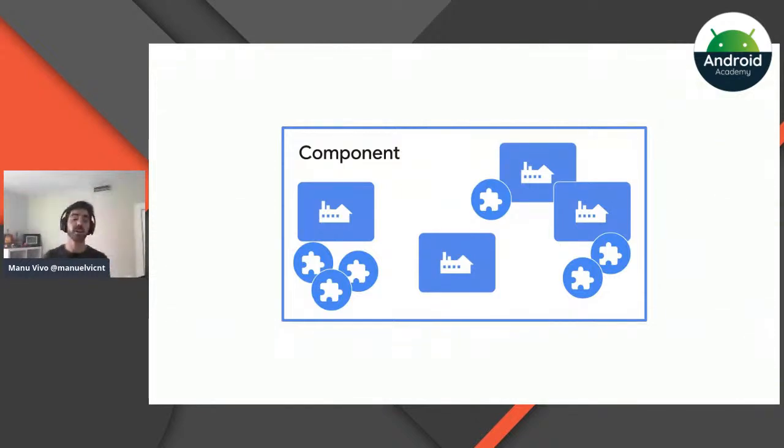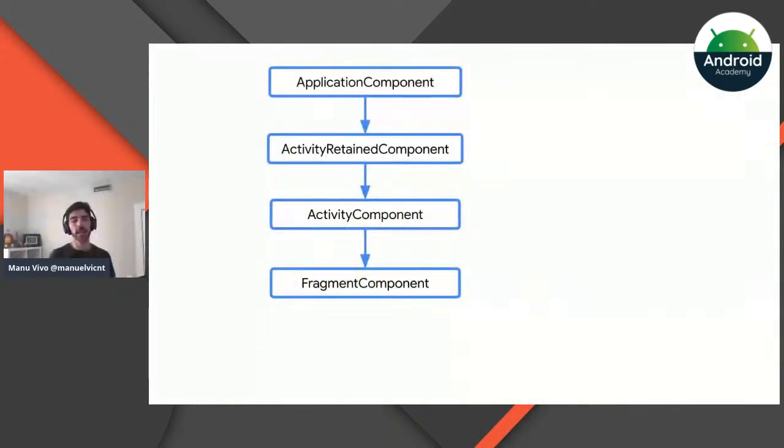And also, apart from the factories, Hilt is also going to know when to hold an instance of something. For example, if you want to reuse an instance, which we will see later how to do, it will do that as well for you. And so we have multiple components or DI containers in Hilt, and this is where Hilt is opinionated in Android. So Hilt automatically is going to provide these components for you.